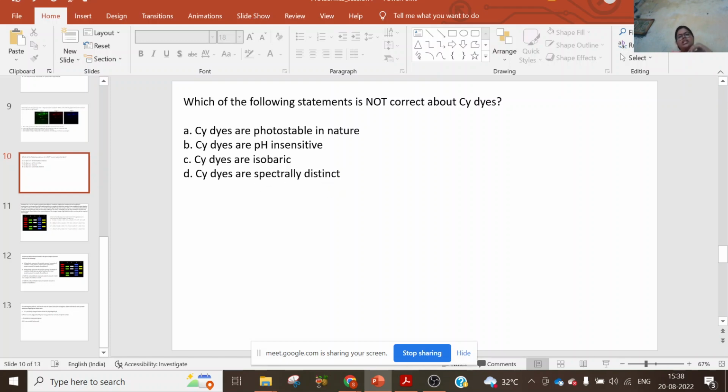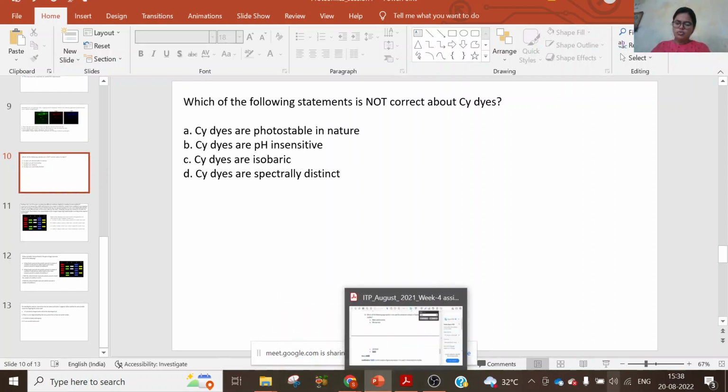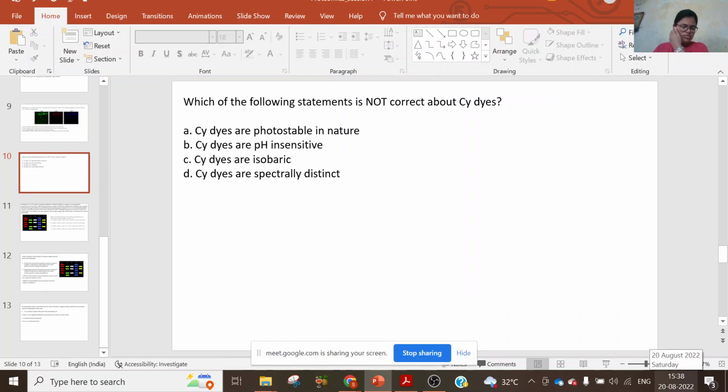So you have to select the option which is not correct about the Cy dyes. Does anyone want to comment on that? Which of the following options is not correct about the Cy dyes?